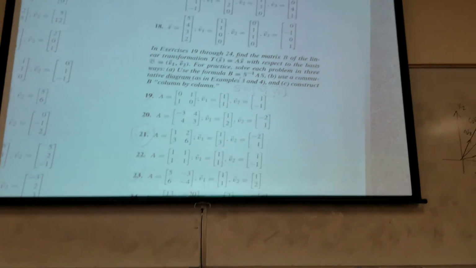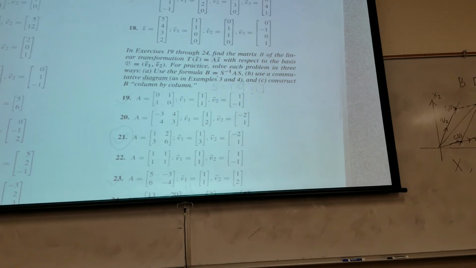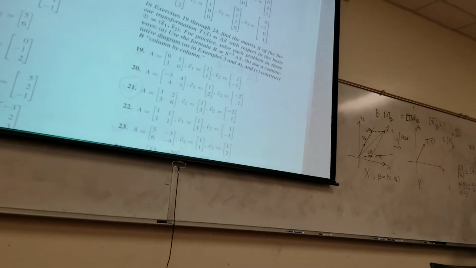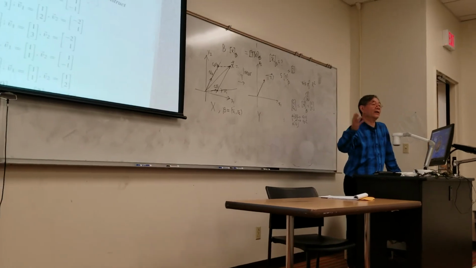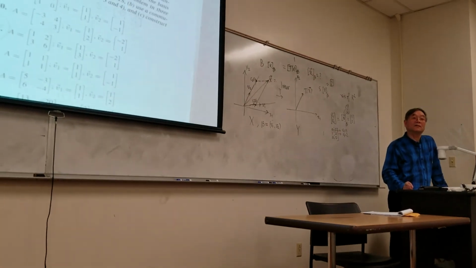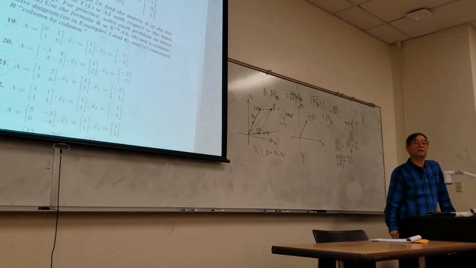So problems 19 through 24 are for R2 transformations. Why do we have this formula? But now, in fact, you can already use this method, as one of the 3 ways to solve those problems. Why?